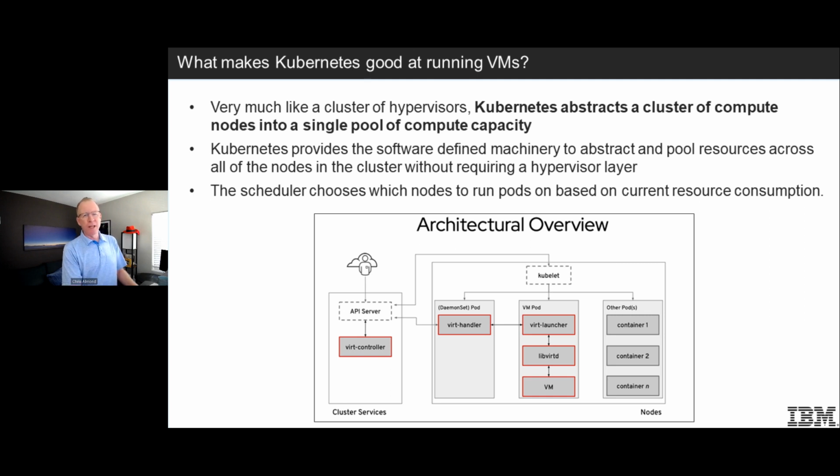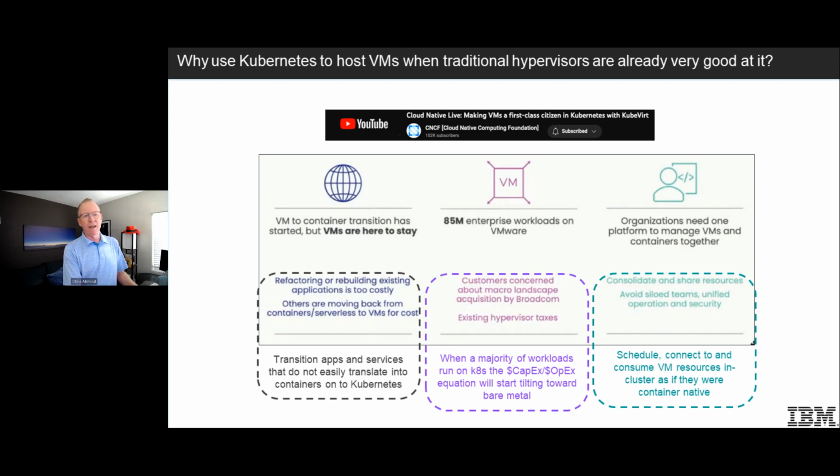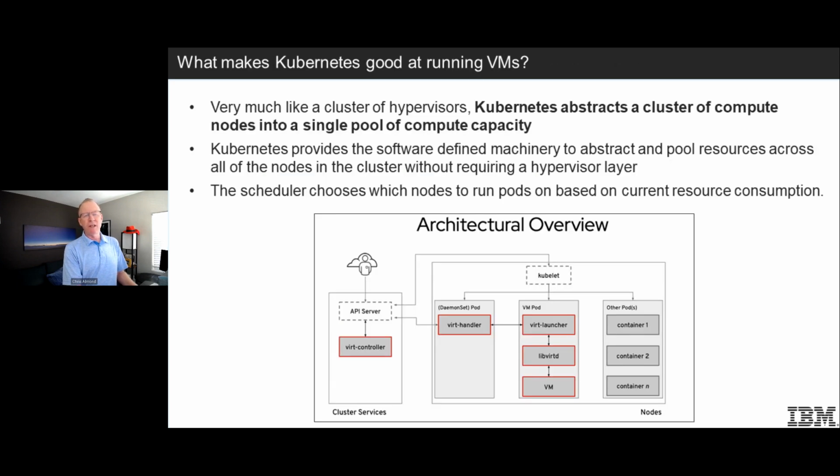What makes Kubernetes good at running VMs? Notice the previous question was why, but okay, we get the why, but how does Kubernetes do this in a way that makes it feasible and enterprise grade? Okay, so think about clustering and a cluster of hypervisors, which you may be very familiar with.